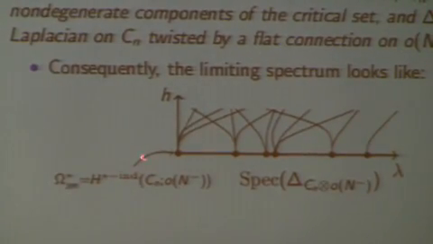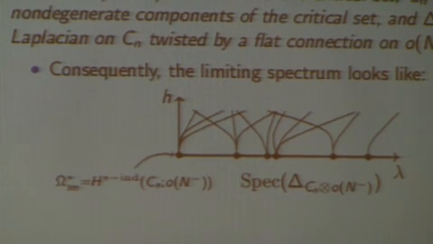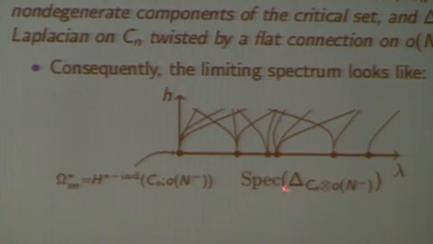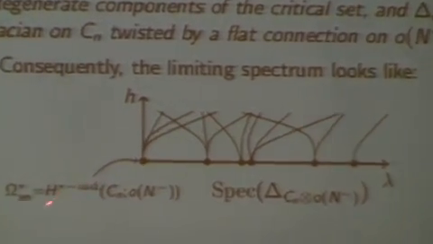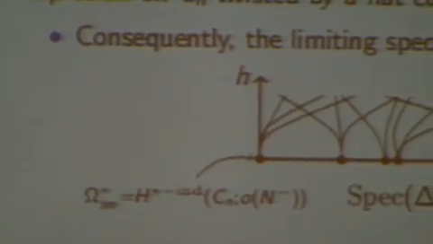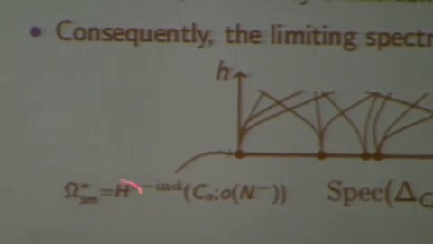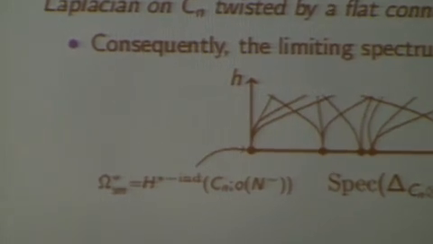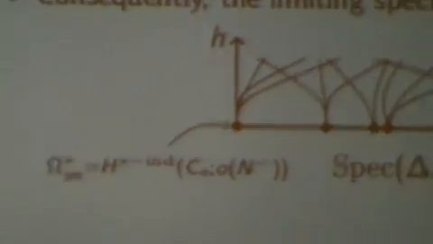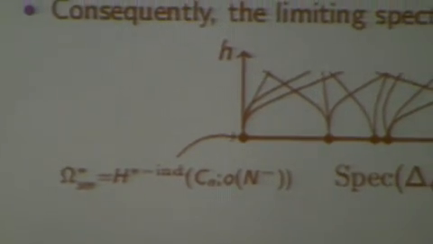And that's the 0 eigenvalues of this operator, which is to say harmonic forms with respect to this operator, which again is to say the cohomology. So the space of small eigenforms here is exactly identified with the cohomology of the non-degenerate critical set, possibly twisted by this normal bundle. And there's a shift in the index.